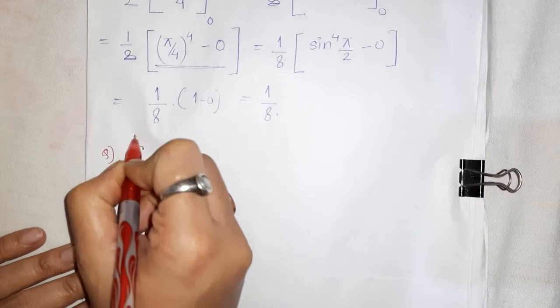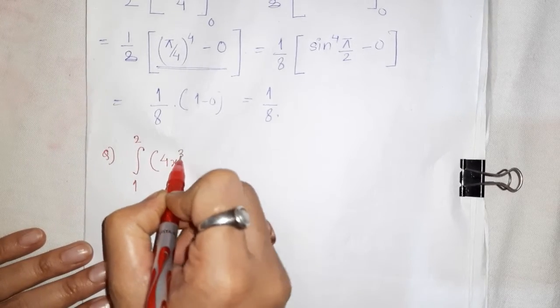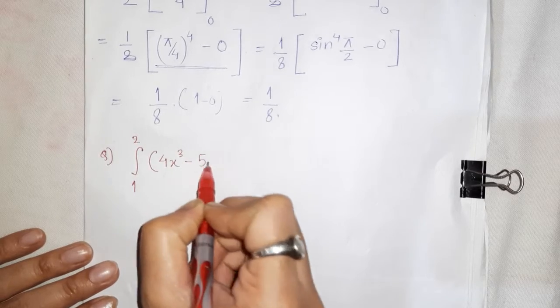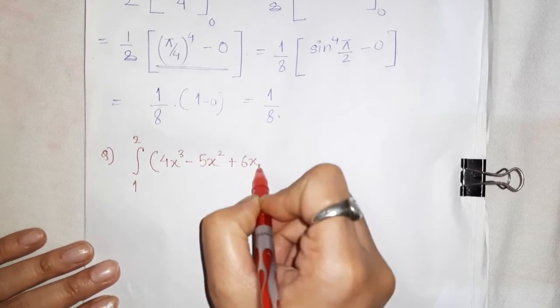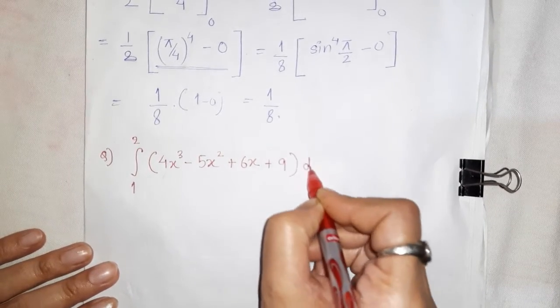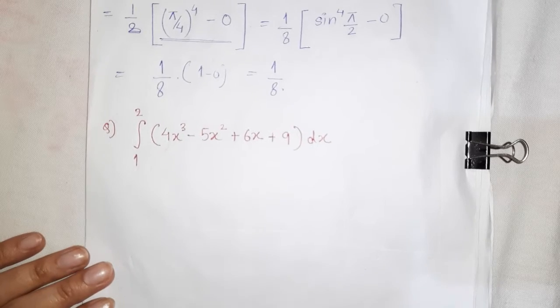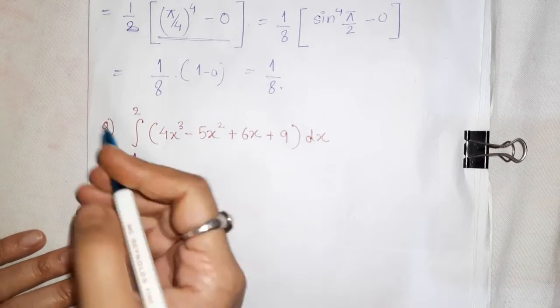Integration from 1 to 2, 4x cube minus 5x square plus 6x plus 9 dx. Okay, so here you can integrate it.